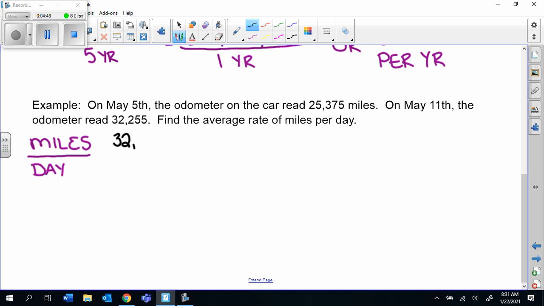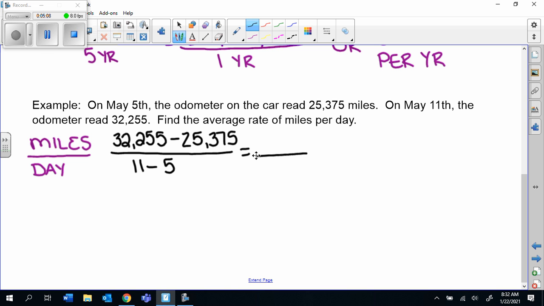Well, we ended at this number. We started here. So it went up by that amount. We went from the 5th of May to the 11th of May. So we had a span of 6 total days. So this is 6880 over 6.